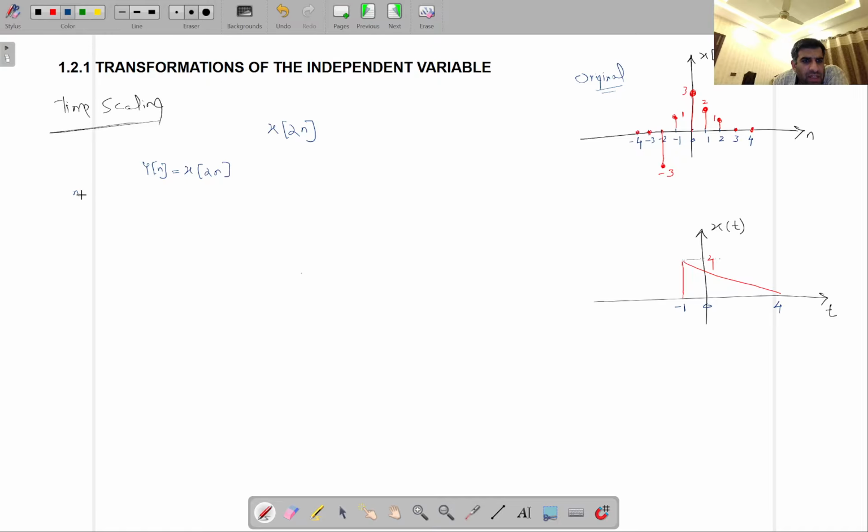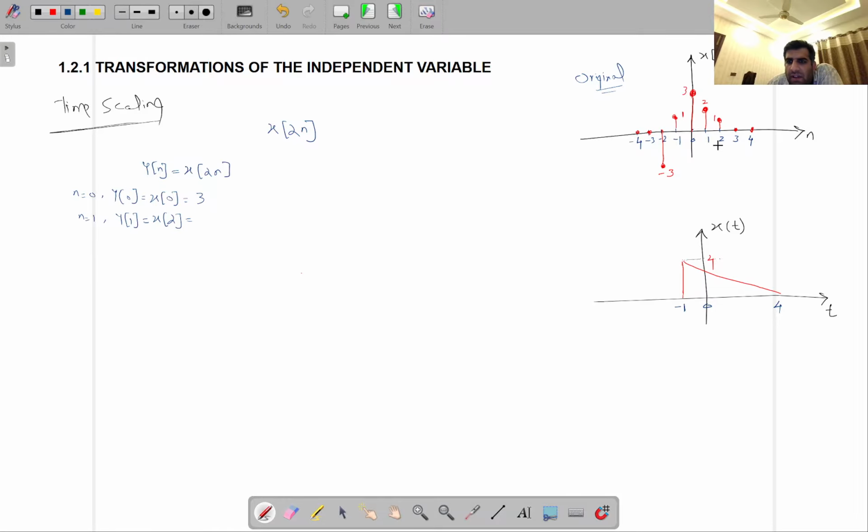Starting from n is equal to 0, y of 0 is going to give me x of 0. If I look over here, the value of signal x at n is equal to 0 is basically 3. So let's write 3 over here. Now at n is equal to 1, we get y of 1, and inside the brackets 2 multiplied by 1, that is 2. So x of 2.